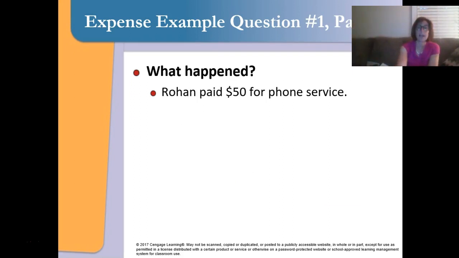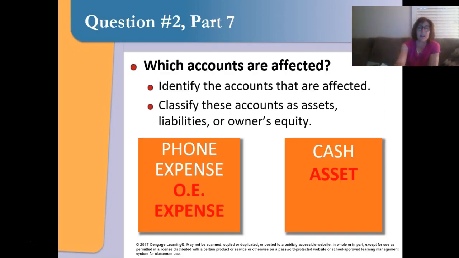Now, Rohan paid $50 for phone service. So, what accounts were affected by that? Well, we know that we paid some cash out, so our cash was obviously affected, and that's an asset account. We had phone expense, which is again another expense account.